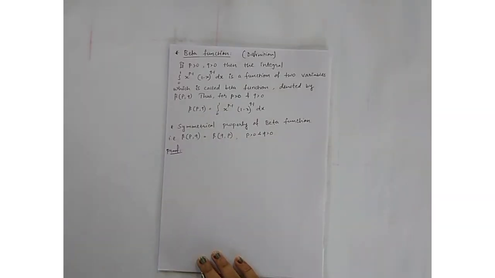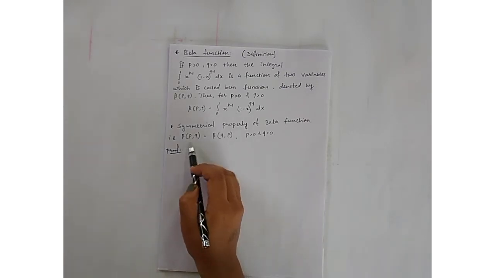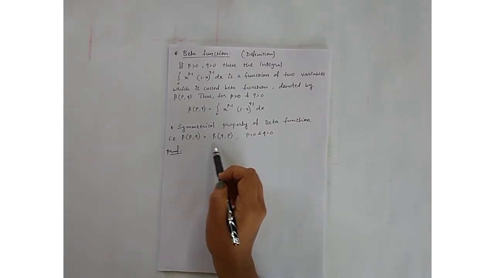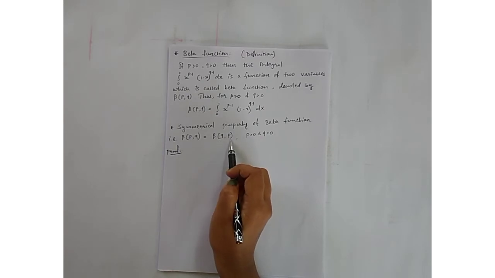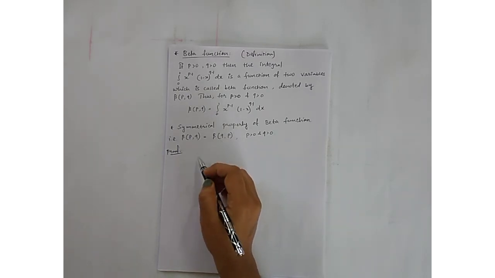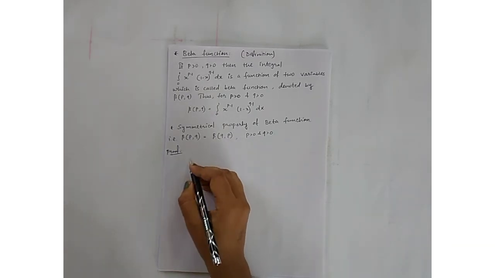Next, we are going to see a symmetrical property of the beta function. That is, beta p q is equal to beta q p. Let's prove this property.